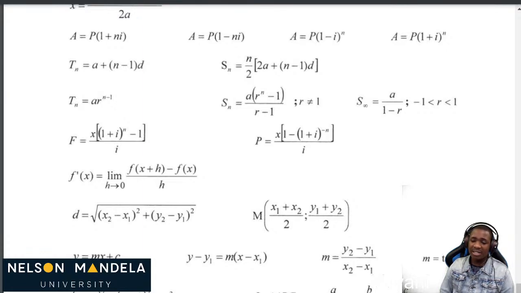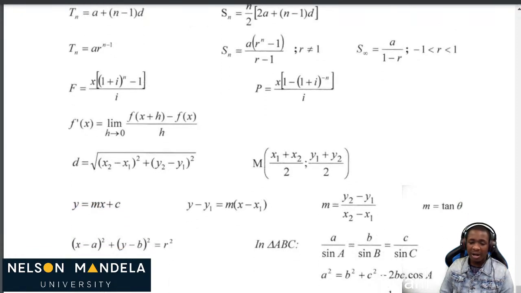The second one is P. When you hear anything about borrowing, balance, or a loan, use this equation. When you have something about the future, you use this equation so that you can attain correct values and correct answers.